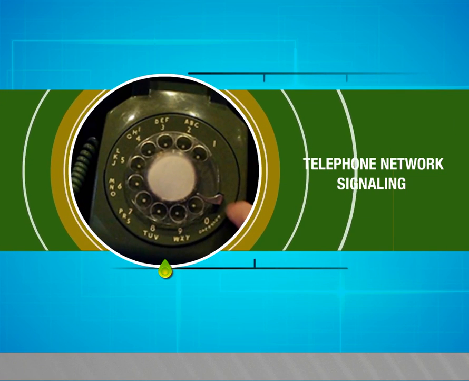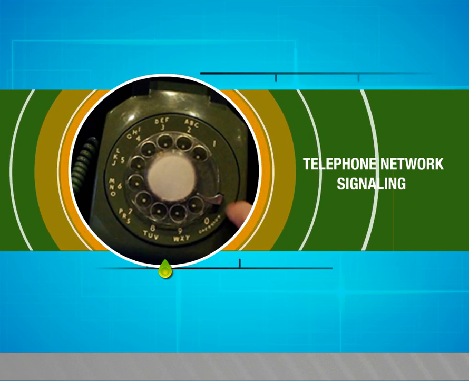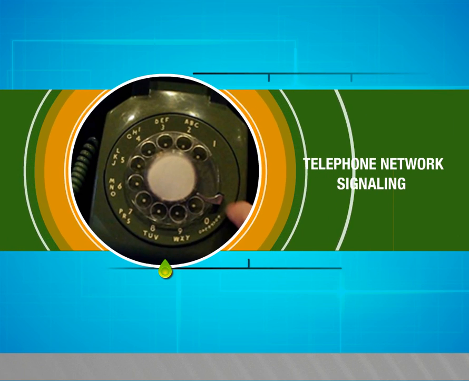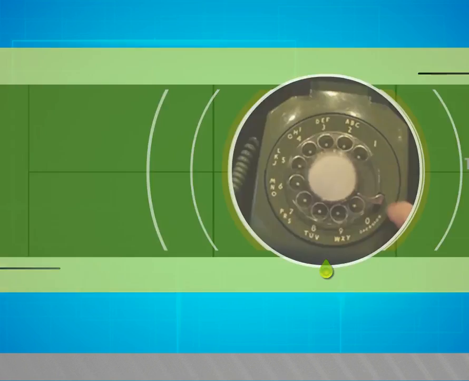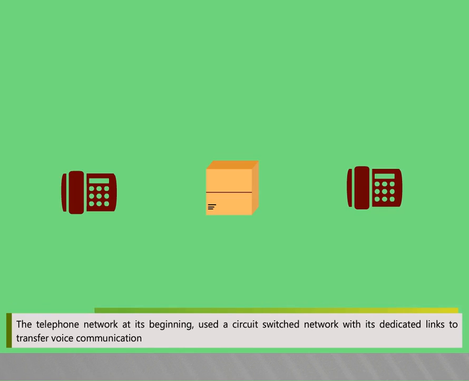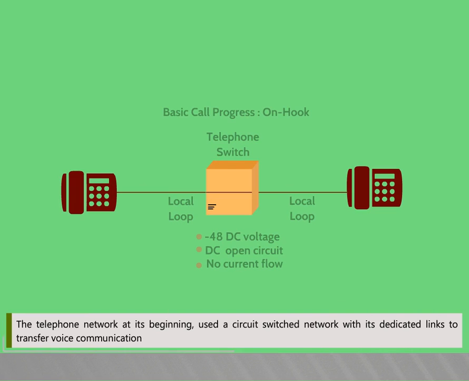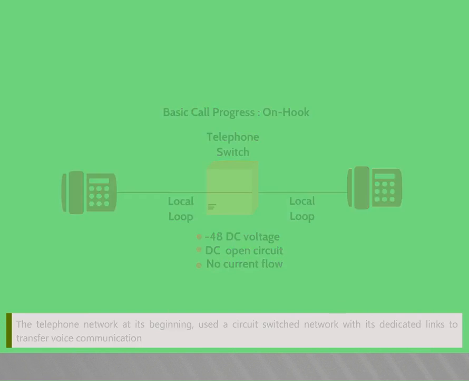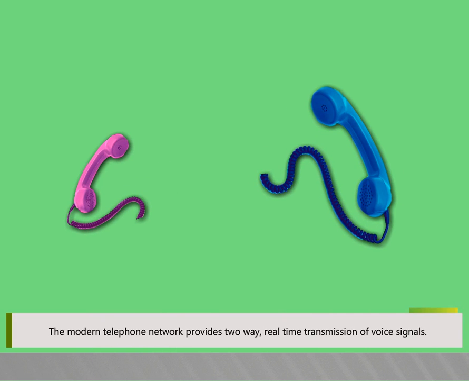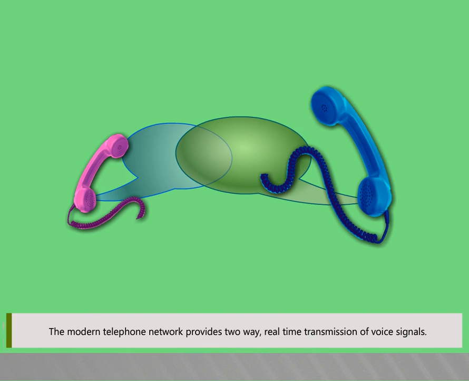Telephone network signaling. In this video, we are going to see about telephone network signaling. The telephone network at its beginning used a circuit-switched network with dedicated links to transfer voice communication. The modern telephone network provides two-way, real-time transmission of voice signals.